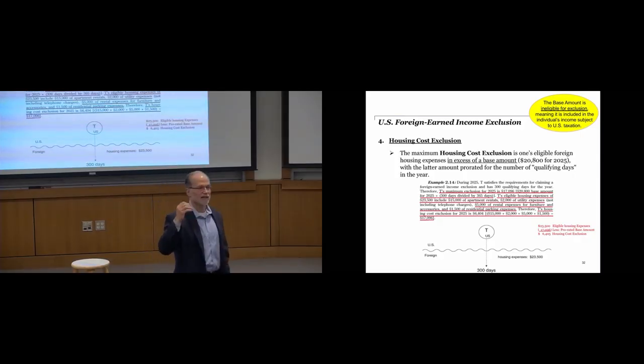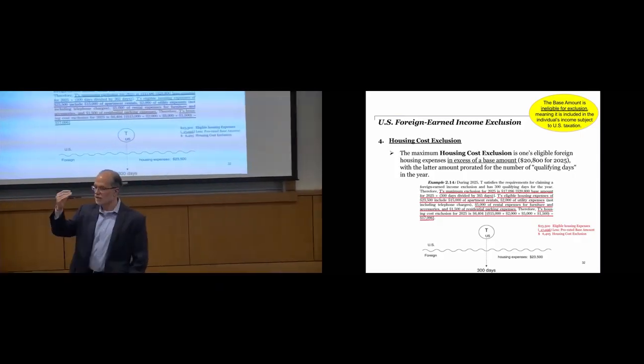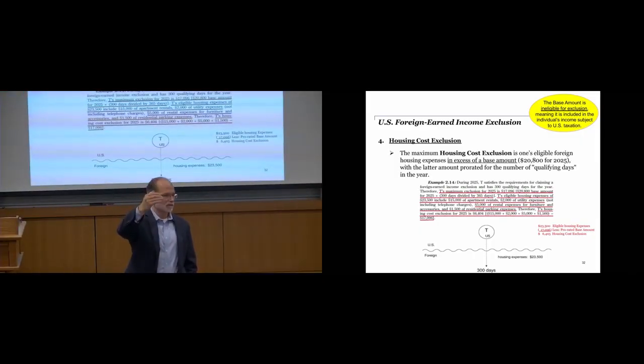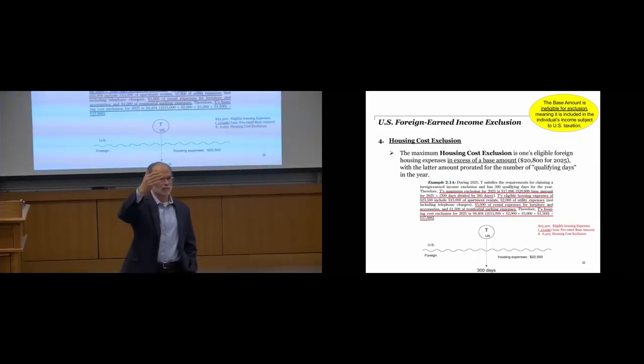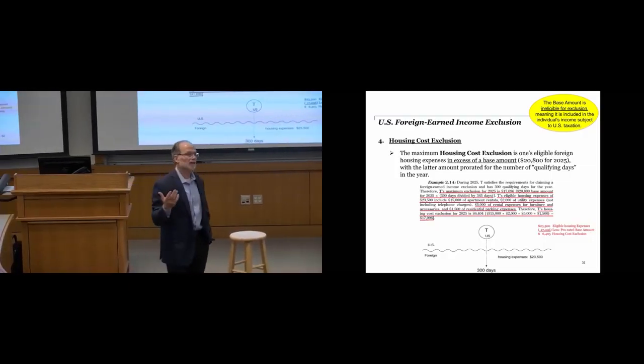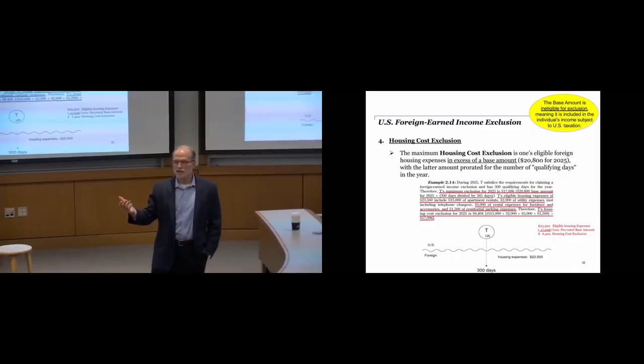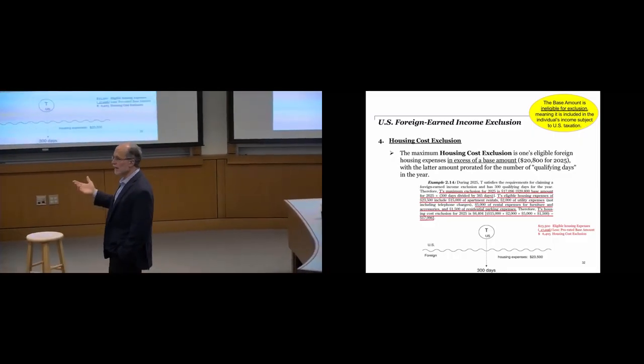The reason for that is the idea that, remember, those of you that were in taxation of individuals, anything an employer gives to an employee is compensation to begin with, unless we exclude it. If an employer is paying for housing of some of the individual, that would normally be compensation and be taxable to the employee.